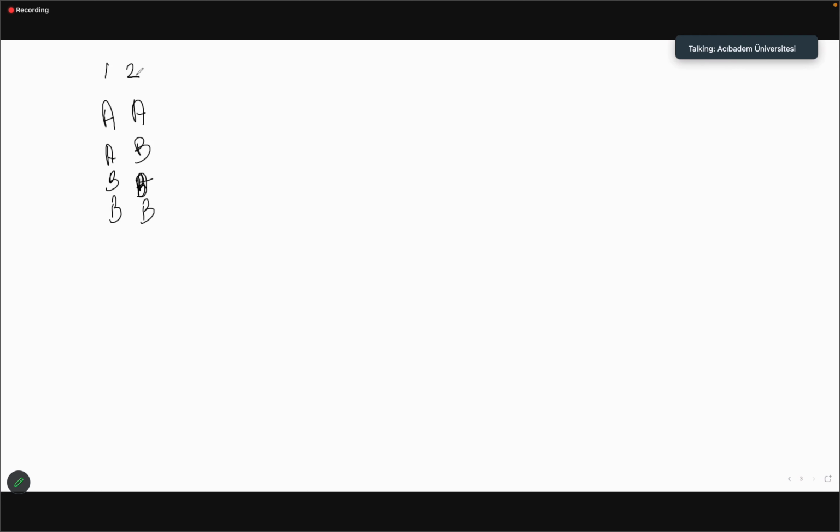Okay, and the score for A at position 1 is 6 and the score for B at position 2 is 12. Which one of the given ones is true?